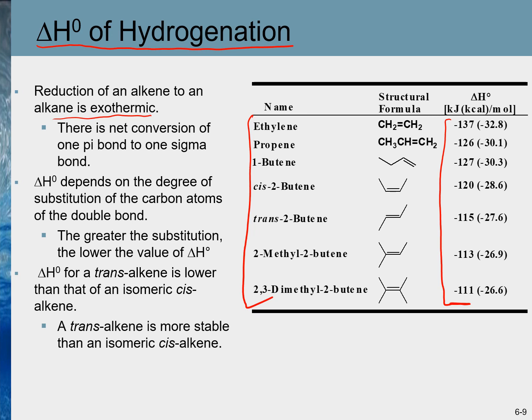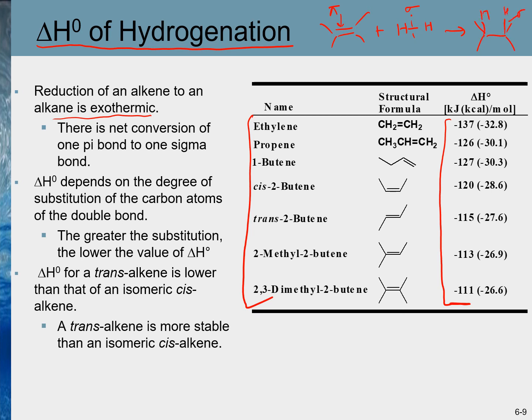So there is a net conversion of one pi bond and one sigma bond. So this is the alkene and that's hydrogen. One pi bond and one sigma bond break, but after that two sigma bonds are formed.